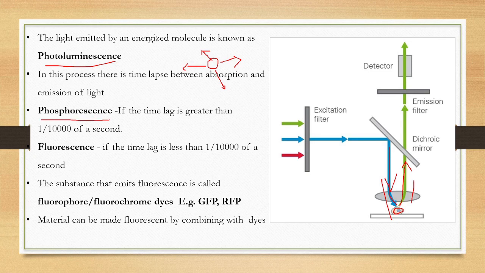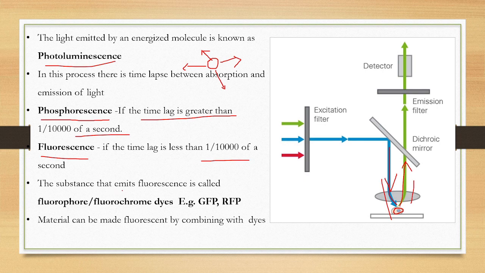Based on that, there are two types: phosphorescence and fluorescence. If the time lag is greater than 1/10,000 of a second, the process is called phosphorescence. If the time lag is less than 1/10,000 of a second, it is called fluorescence.